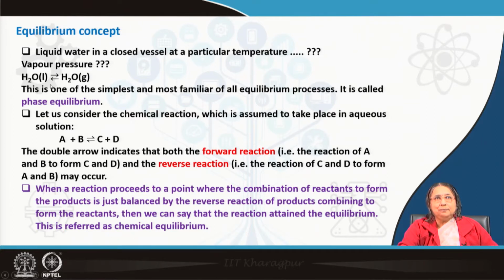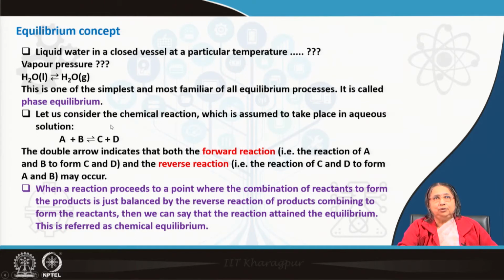At that equilibrium point, the amount of water in liquid form that is converted to gaseous form, the same amount of gaseous water will come back to the liquid form. This is not chemical equilibrium, but it is called phase equilibrium.